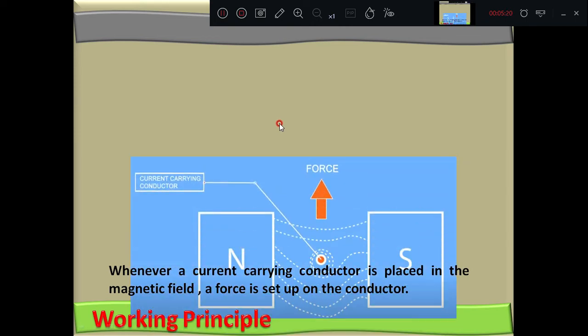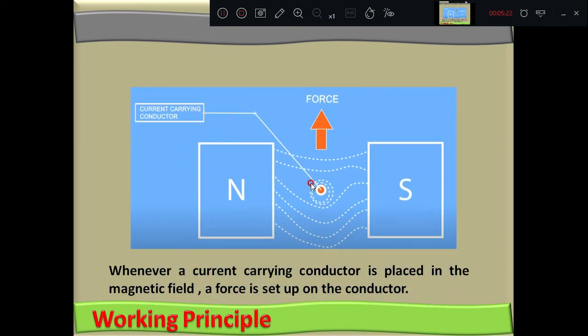That we can see here. See here, there is a conductor. I am passing a current in this. How are we passing a current in that one? We need a voltage. If you are applying a voltage, there is a current flowing. Therefore, what is the power input to the machine? It is V into I. Therefore, whenever the current is flowing in this conductor, which is placed under this magnetic field, then the working principle states that whenever the current carrying conductor is placed under a magnetic field, the force is exerted.